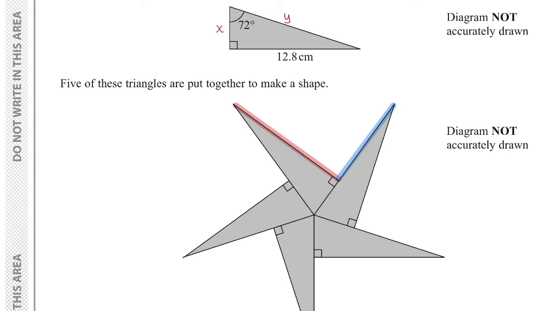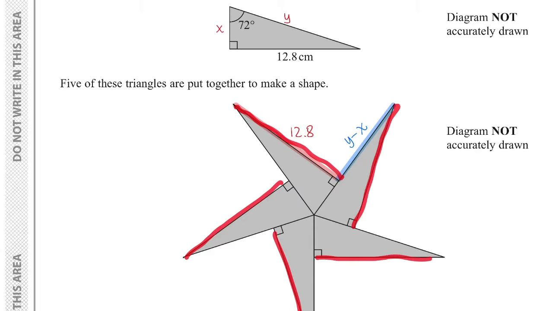We know that this is 12.8, and what I've highlighted here in blue is simply Y minus X. And we've got 5 of 12.8 and then 5 of Y minus X to close up the shape.